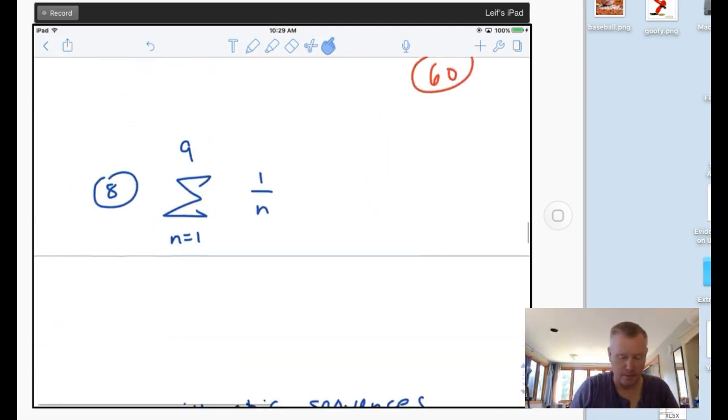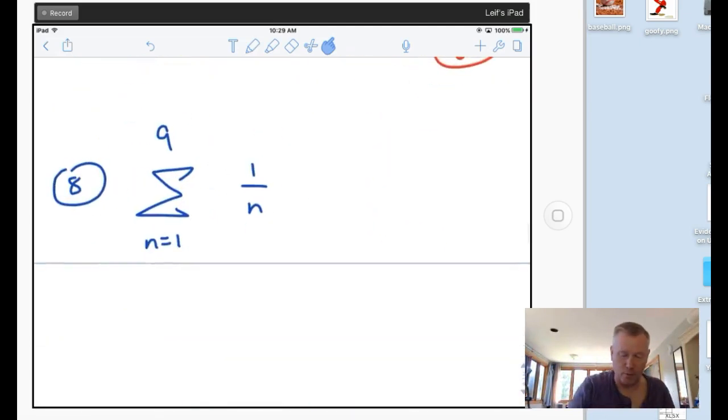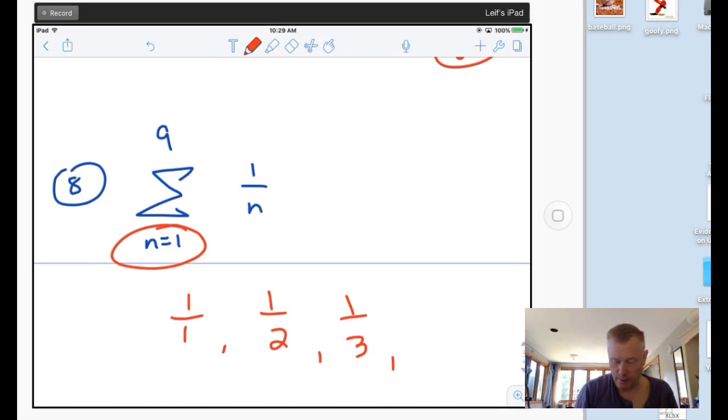Next one, number 8. If I plug in 1 to 9 in this for n, all right, starts at 1, which gives me 1 over 1, and then 1 over 2, 1 over 3. Instead of putting the commas, Mr. Flory, you should be putting the plus signs.